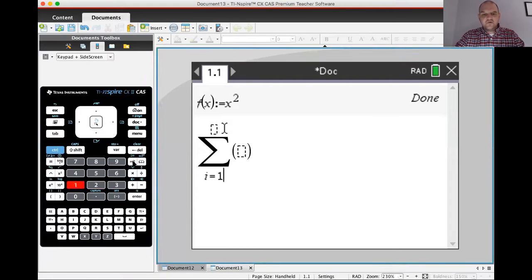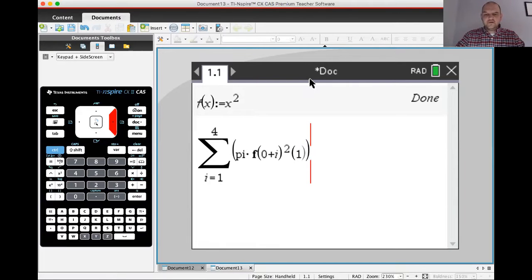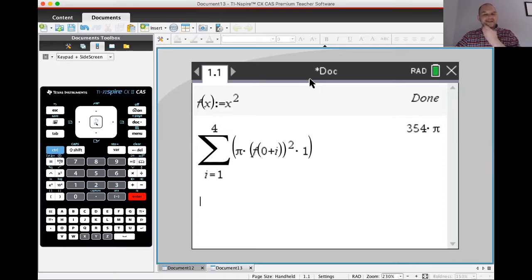I want to go from i equals 1 to i equals 4, so 1 to 4, of pi. I would say that's by far the most forgotten thing. Everyone always forgets it. The radius is f of x sub i. X sub i is 0 plus i. Square the radius, multiply by delta x, which is 1.